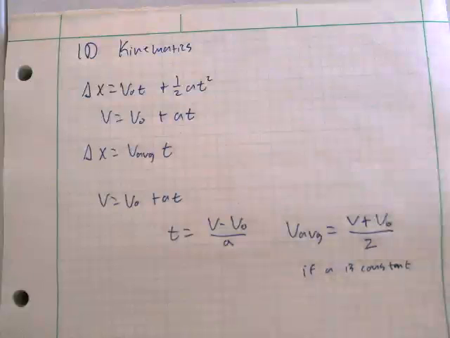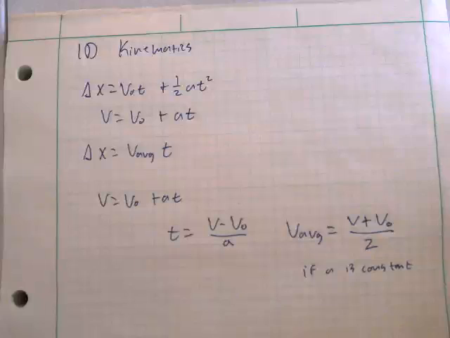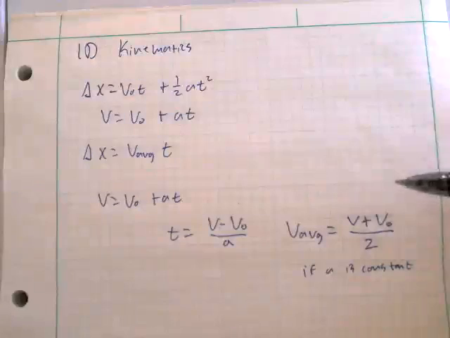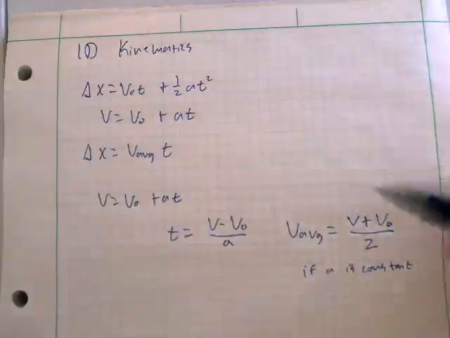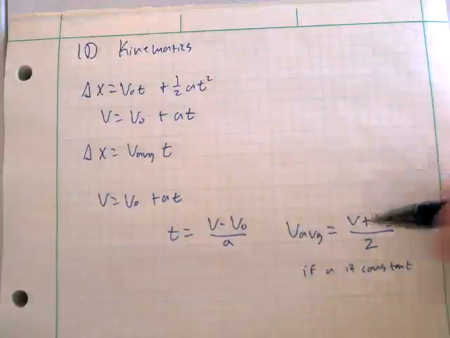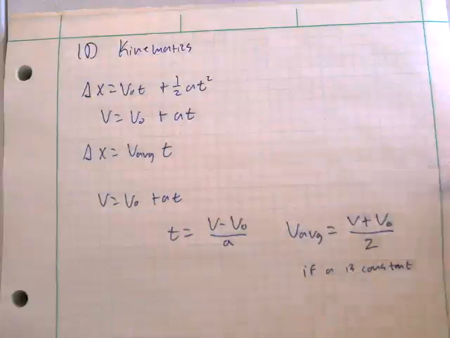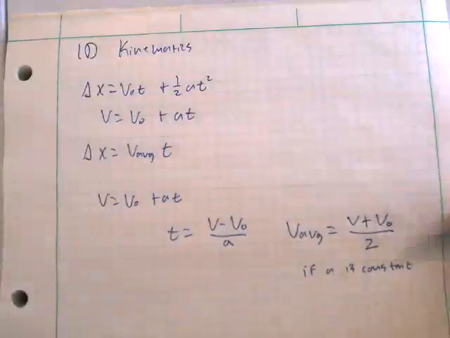So this one is true if a is some sort of constant value, which again, for almost all the problems that we're doing, that will be true. And so if that's true, right, if we're just accelerating at a constant rate from one speed to the next, what we end up showing is this, right? It's just a straight average of our final velocity and our initial velocity. Just add them together, divide by 2.